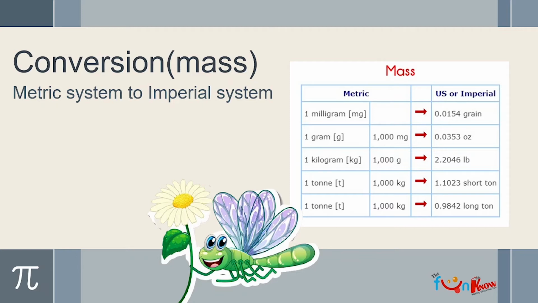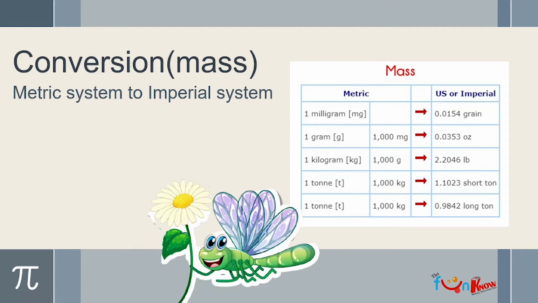Next, in metric, 1 milligram is 0.01543 grain. 1 gram is 1000 milligram, which is also known as 0.0353 OZ.